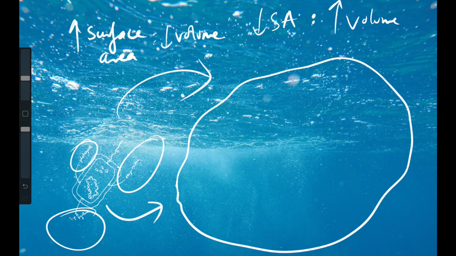Well, at least the ratio becomes smaller. So even though the overall area of the membrane is increasing, the amount of membrane that you have compared to the volume becomes smaller. So this eukaryotic cell, we could argue, simply does not have enough membrane in order to carry out all the functions that this cell might need it to do.